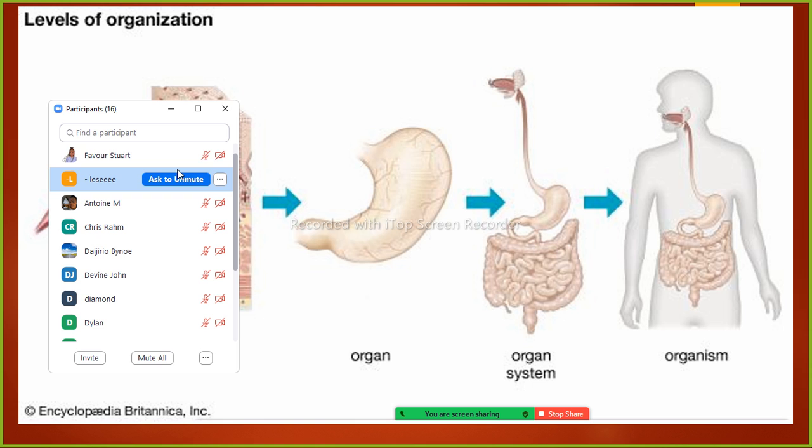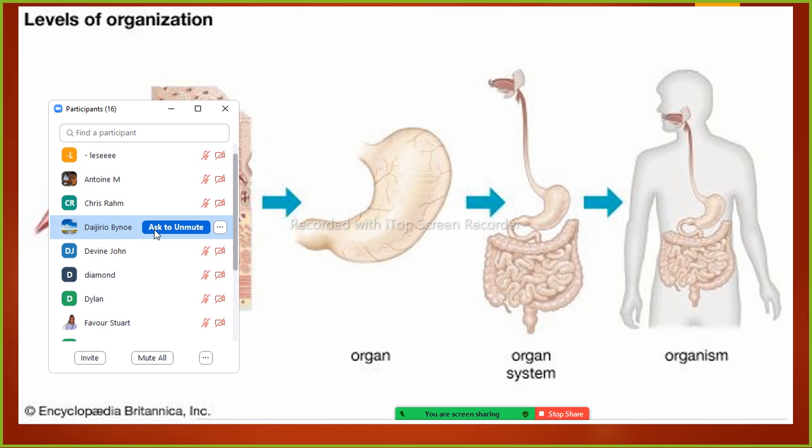The stomach. Very good, just like Matthew said in the chat. Then we have organ systems comprised of the esophagus, the stomach, the small intestine, the large intestine. This one is the large intestine. So the stomach, which is the organ, makes up organ systems. This is the digestive system, by the way. And then we have the whole organism combined.